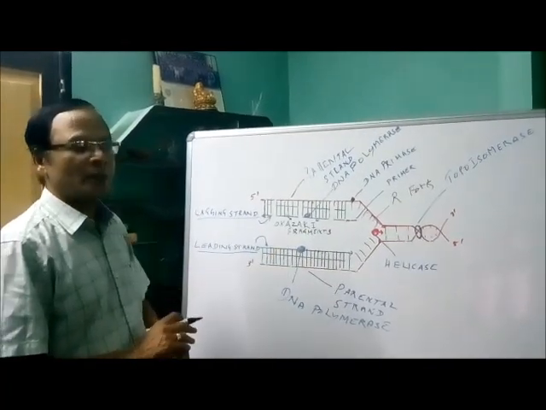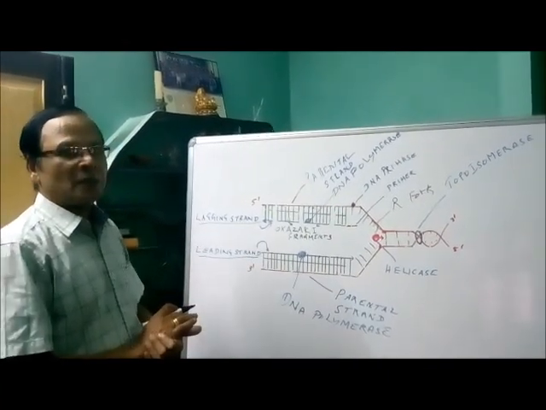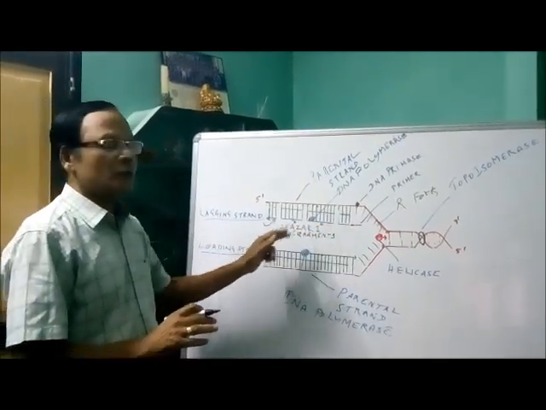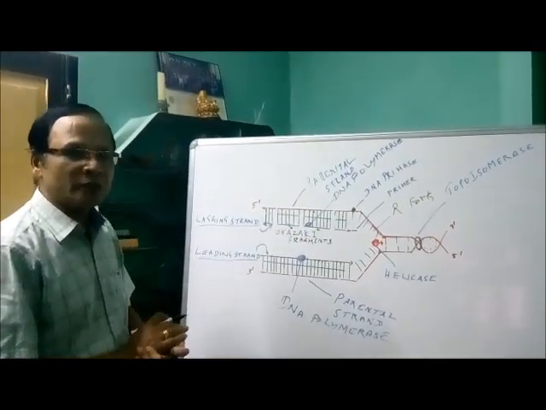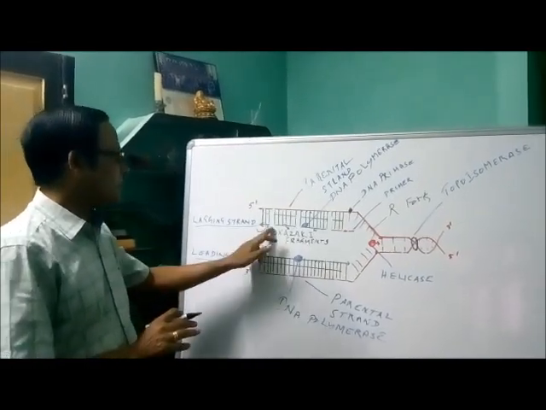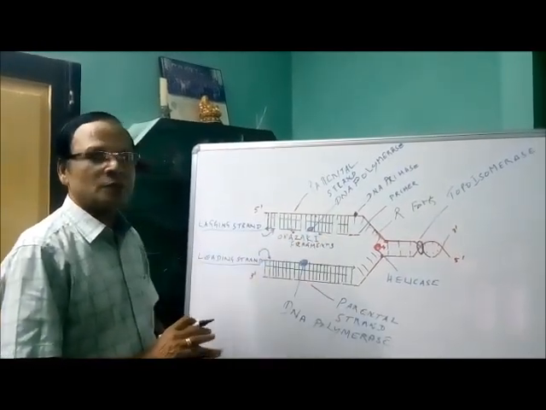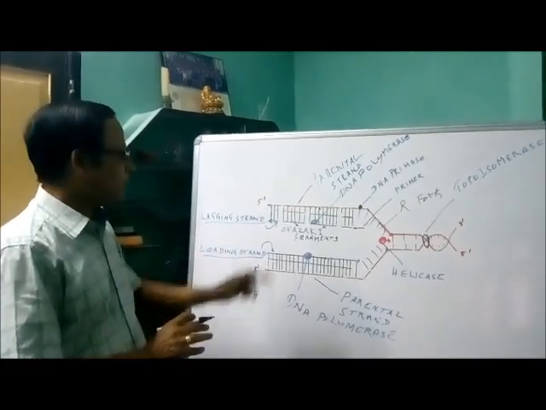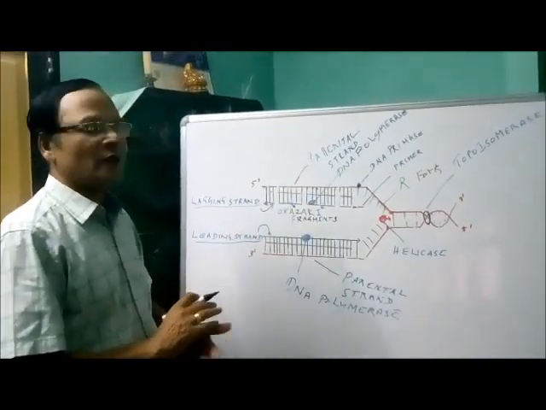In one of the strands, it acts as a template where the DNA is produced discontinuously. The strand which is formed discontinuously as broken segments is called the lagging strand. The fragments are called Okazaki fragments.